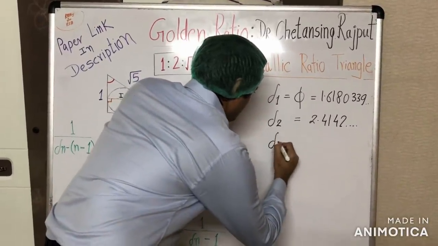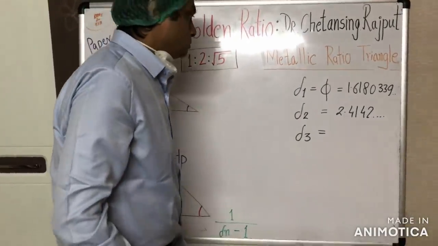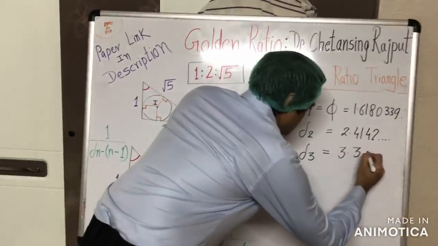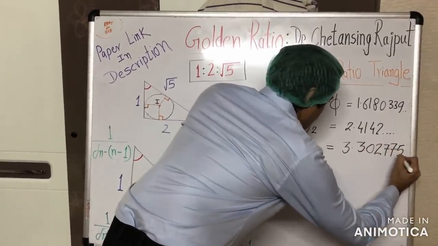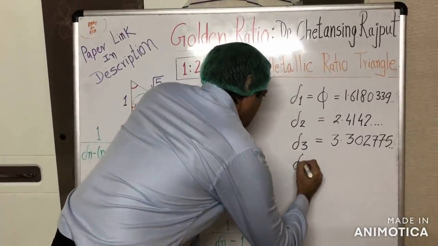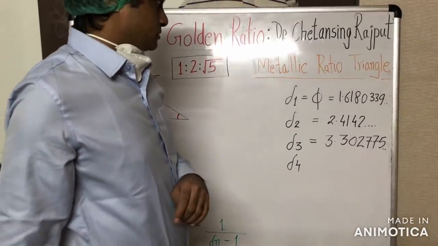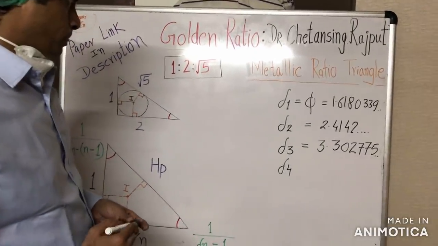The third metallic ratio, which is also known as bronze ratio, whose value is 3.302775 and so on. And further, the copper ratio and other metallic means. Infinite series of such metallic ratios.